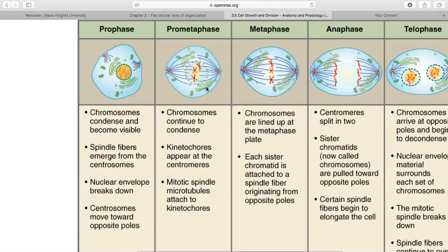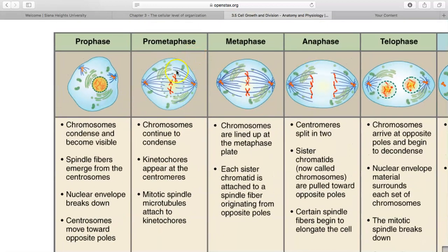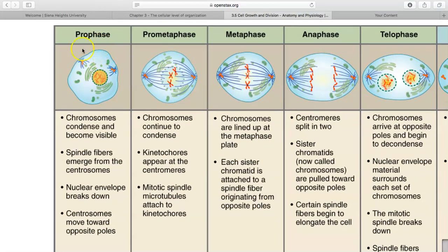So let me just point out that all of these stages are given names, but it's not like the cell goes, okay, now I'm in prophase. All right, now I'm in prometaphase. Now I'm in... No, it's not like that. It's more like if I was showing you a movie and I paused during some really epic part and I said, okay, this is the "Luke, I am your father" scene, right?